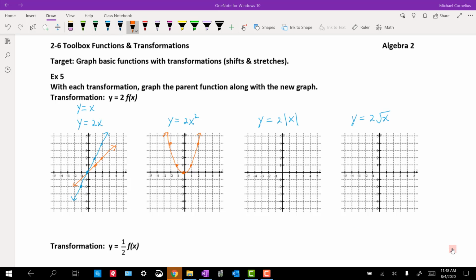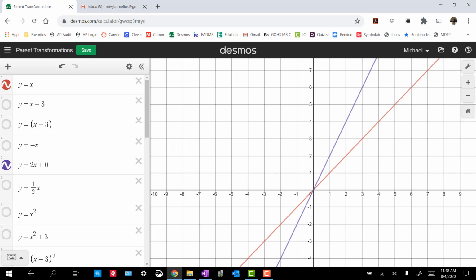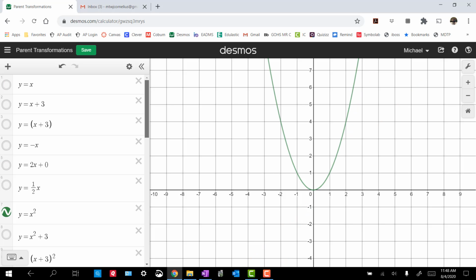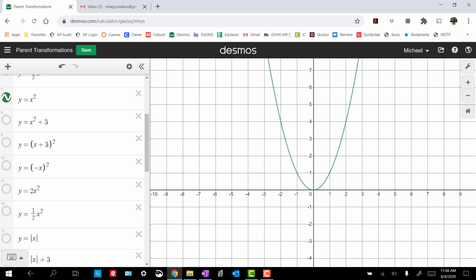Now that we've got our parent function graphed, let's take a look at the graph of y equals 2x squared. Here's y equals x squared, there's our parent function, and y equals 2x squared. It has the same vertex, but it looks a bit skinnier than the green parent function parabola.